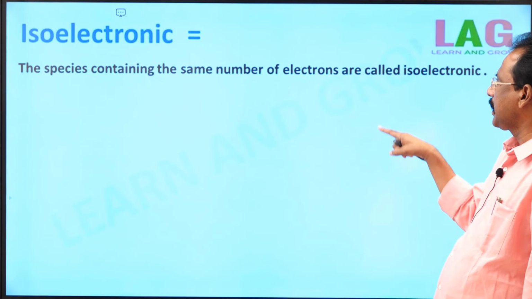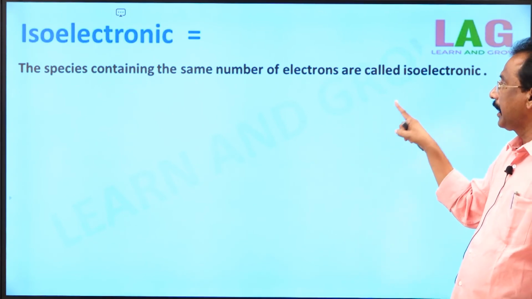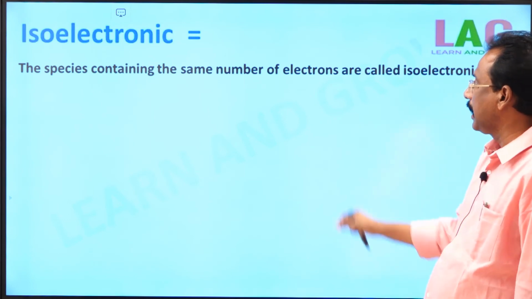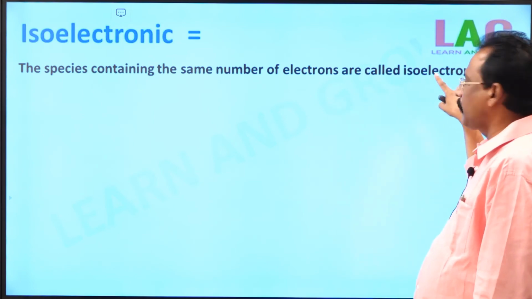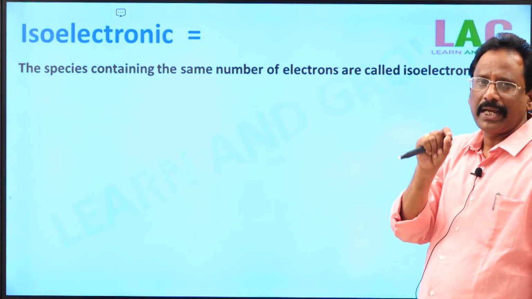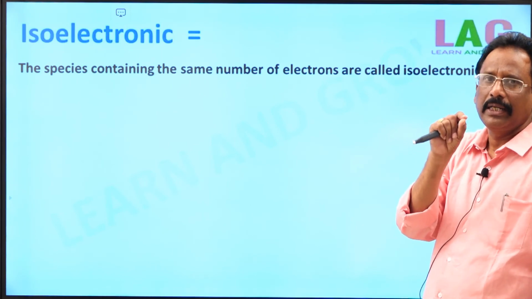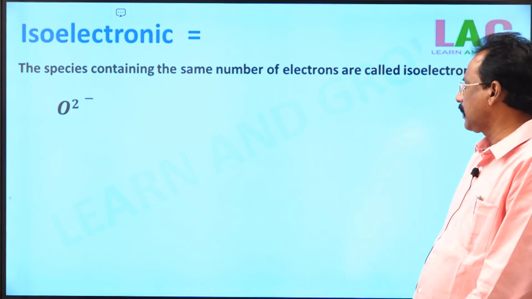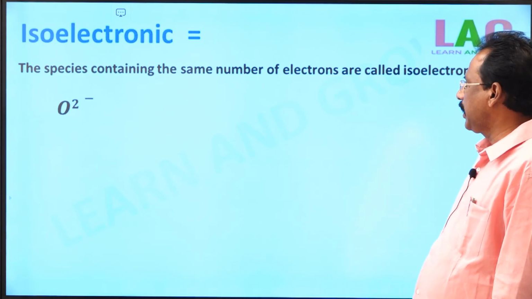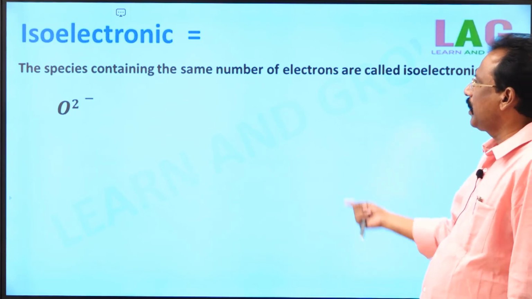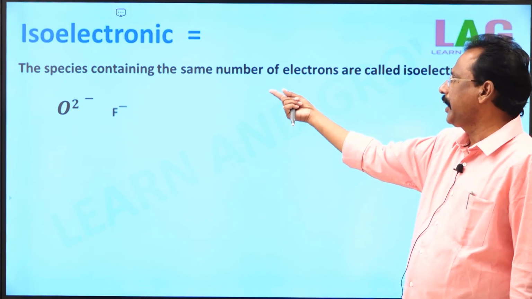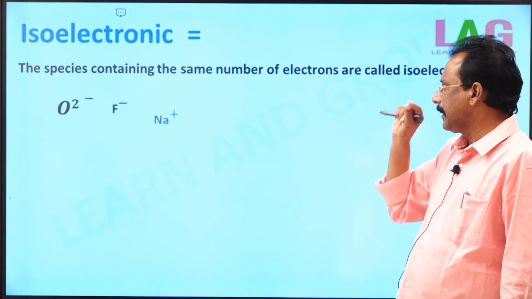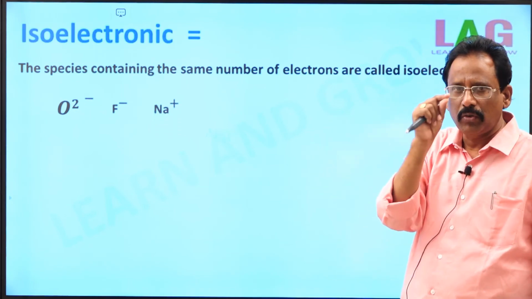And the last one is, what are isoelectronic species? This is a very important point in the language of chemistry. Ions having the same number of electrons are known as isoelectronic species. If the ions have the same number of electrons, they are said to be isoelectronic species. For example, it is already known to you. In the oxide ion, the total number of electrons is equal to 10.